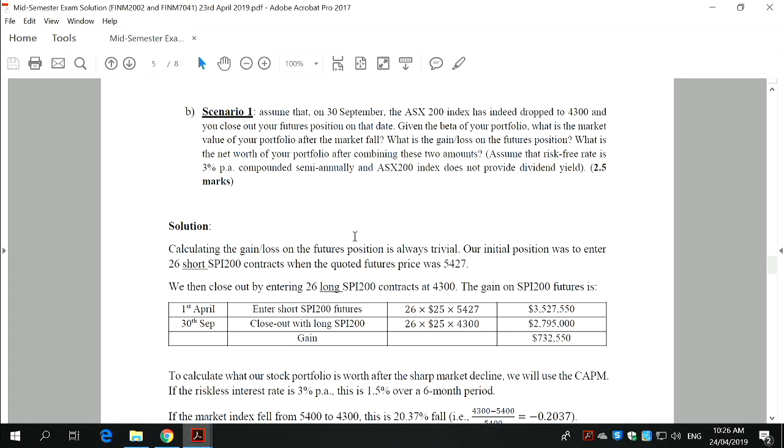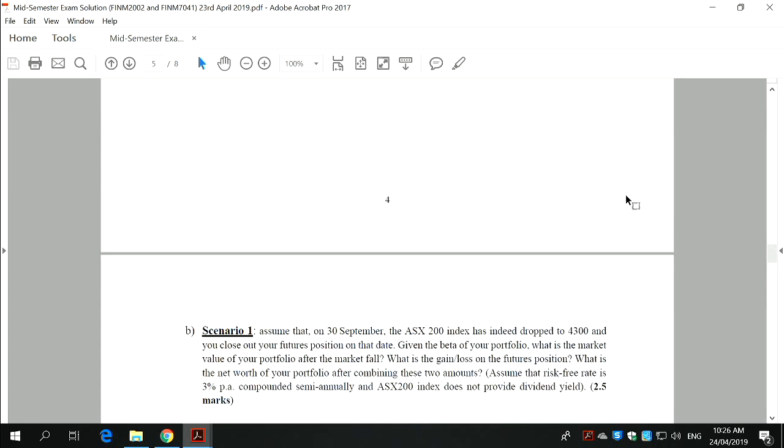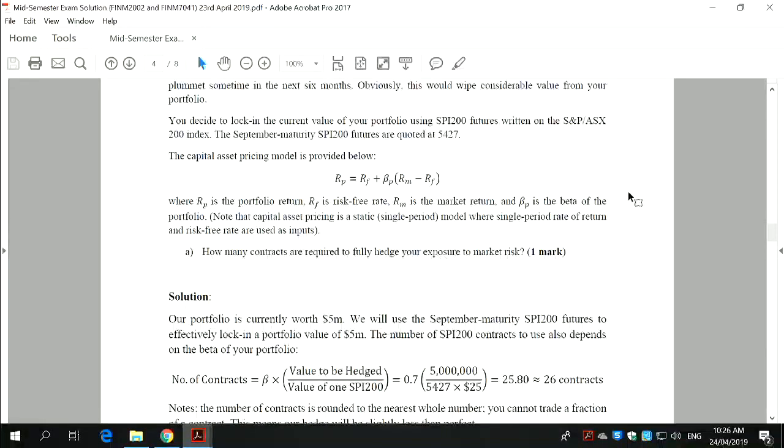All right, so that's just your futures position, but you have to work out how much you lost in your portfolio, right? Because your portfolio has a positive beta. If the market declines, then your portfolio declines as well. So to answer that question, we need to find all the inputs for the capital asset pricing model, right? Going back to your capital asset pricing model, what sort of inputs do we need?